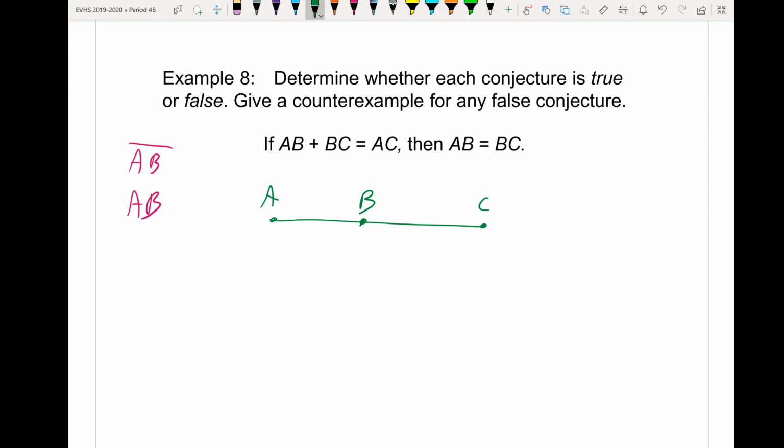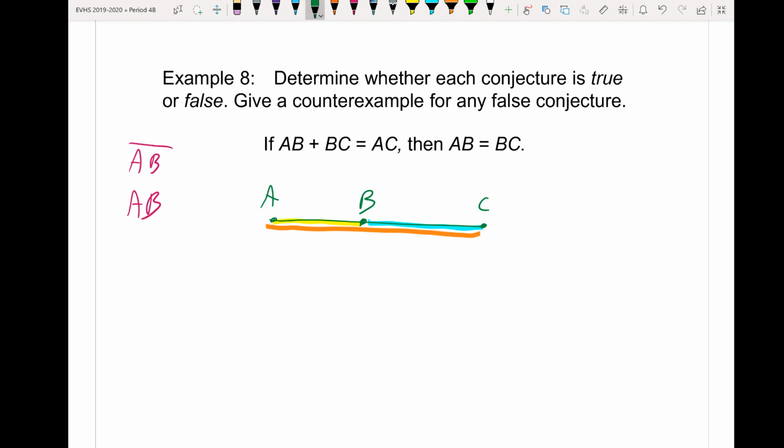Well, in this one that I've drawn, is it true that AB plus BC equals AC? Yes. So does it conclude then that AB equals BC? Those two distances are the same. Yeah? Only when there's a midpoint, right?